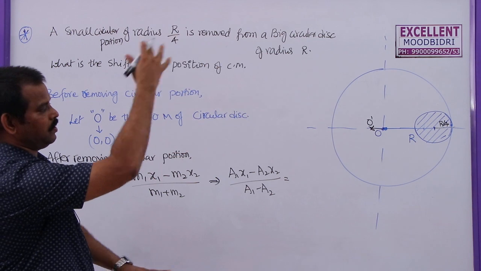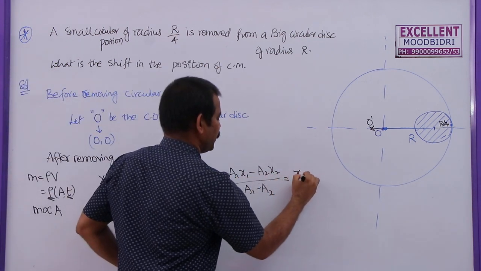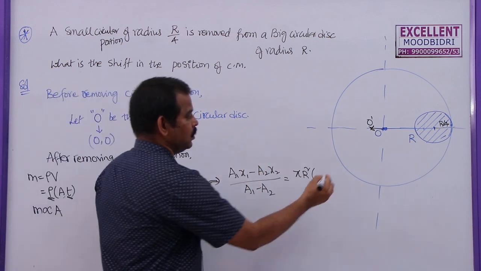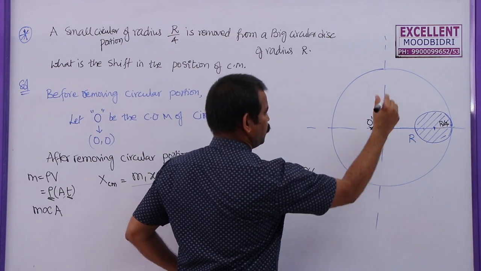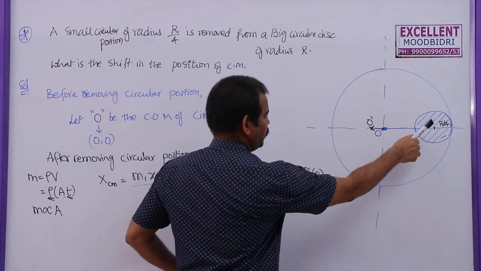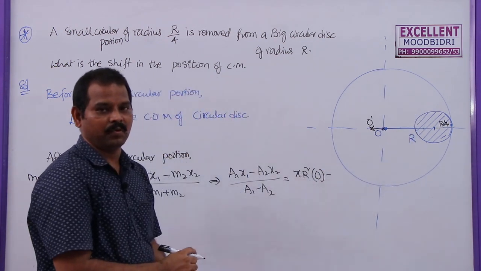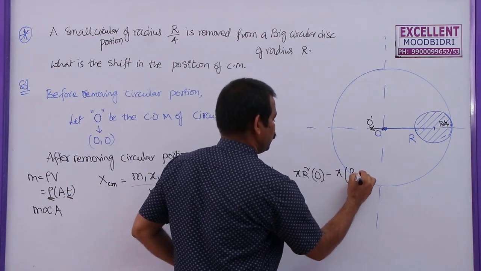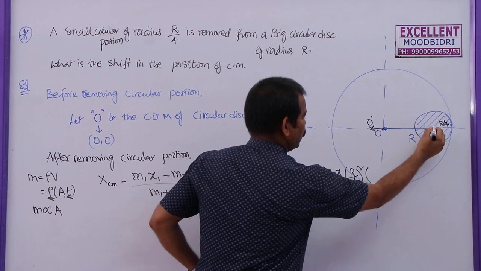What is the area of the big disk? This is pi r square. What is the center of mass of that original disk? This is x1 for the whole body, so this is 0 only, minus. What is the area of the small circular portion removed from the disk? That is pi (r by 4) whole square, into its center of mass.